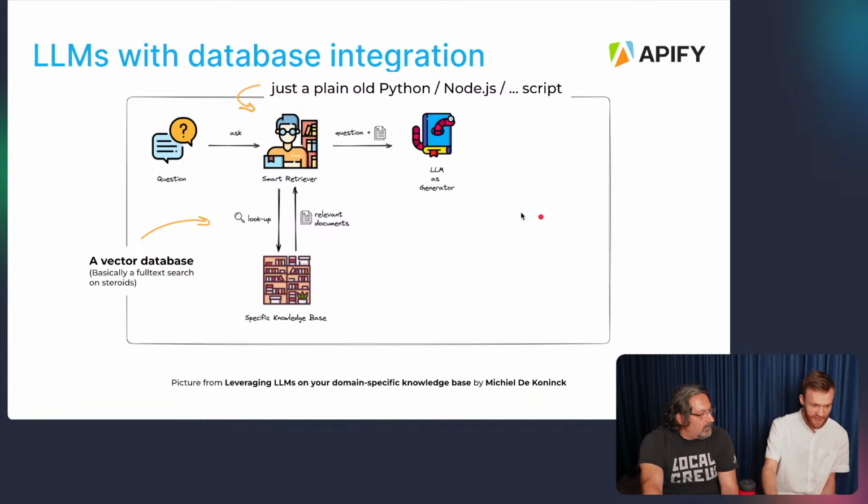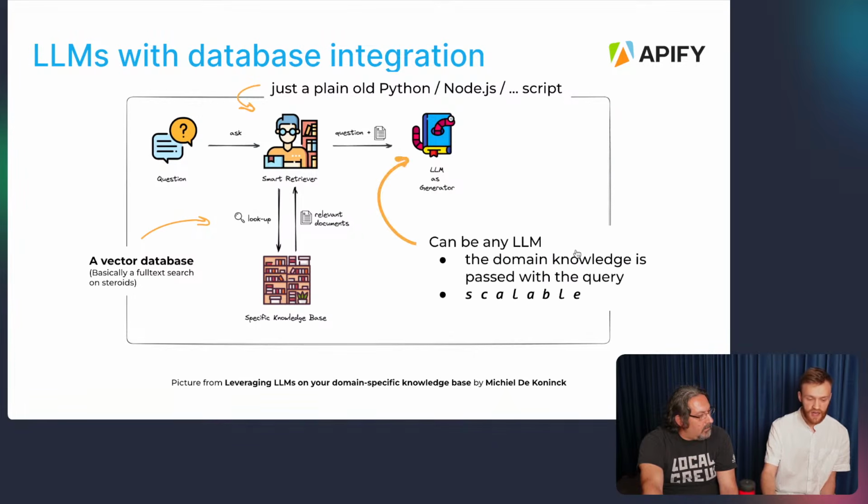Now that we have the question and the documents that are relevant to this question, we can pass this all to the large language model, which now can be any large language model. It doesn't have to have any specific knowledge about our domain, because all the context, all the knowledge is passed with the question as the prompt.